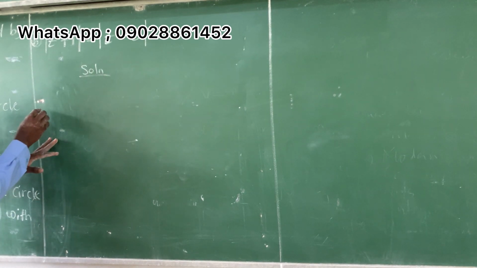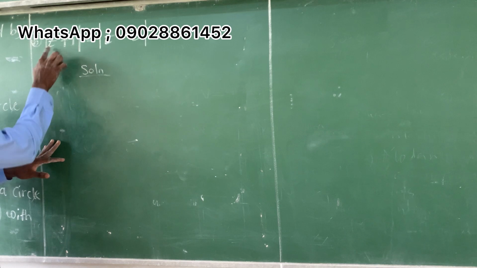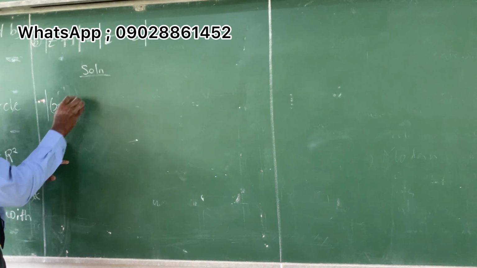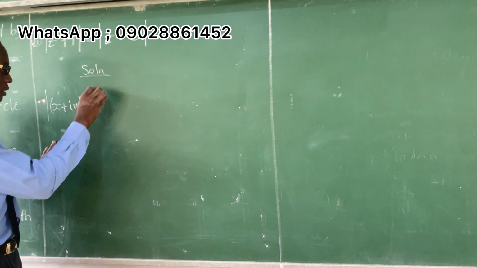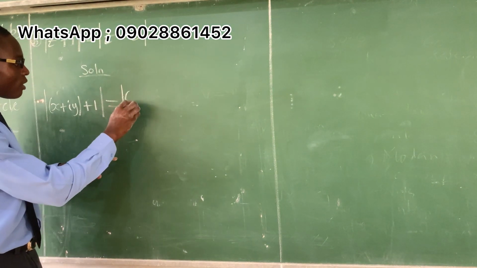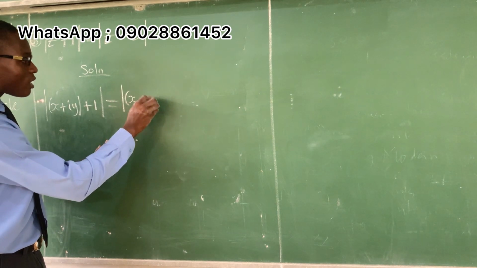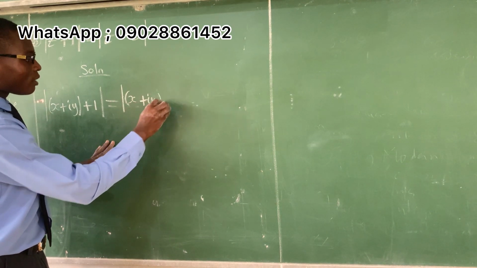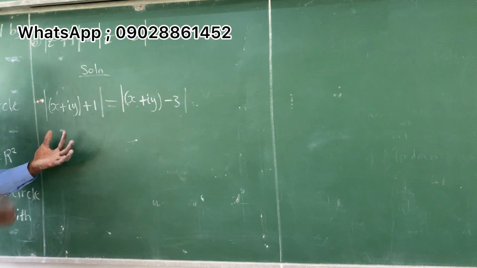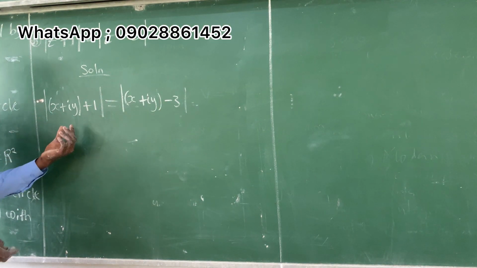So this means that we are going to have x plus iy plus 1 equals to the magnitude of x plus iy minus 3. So the same process, we are going to separate the real and imaginary part.